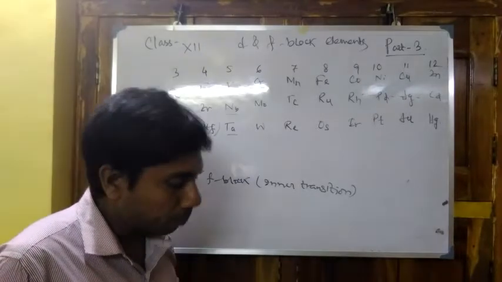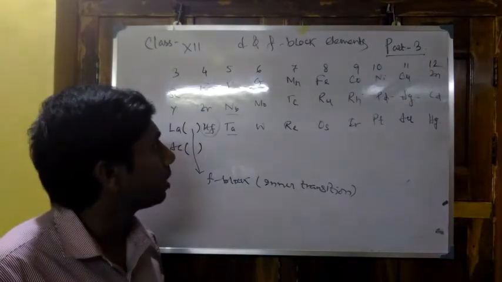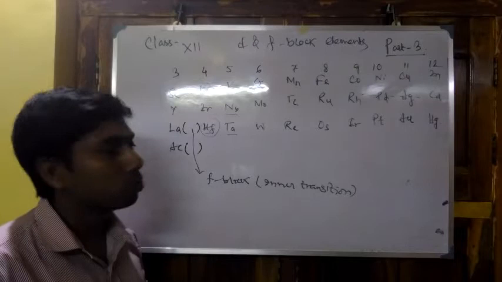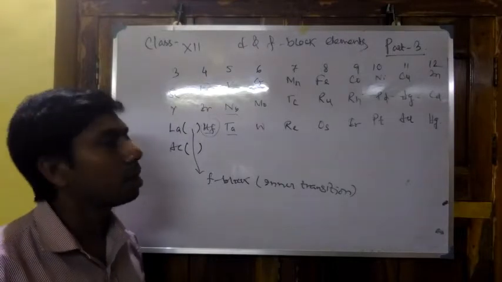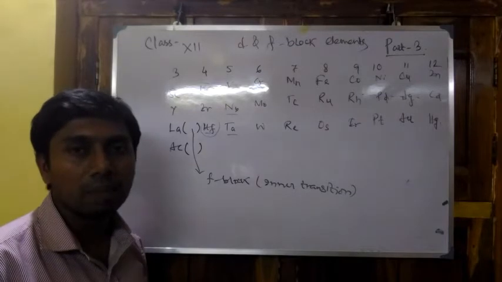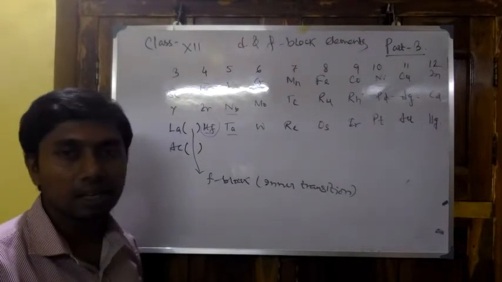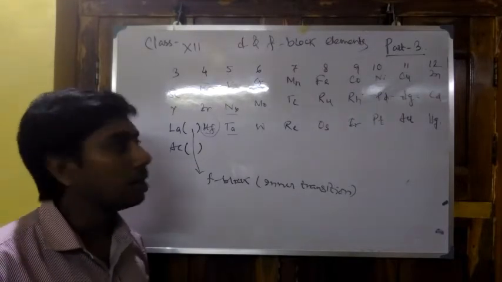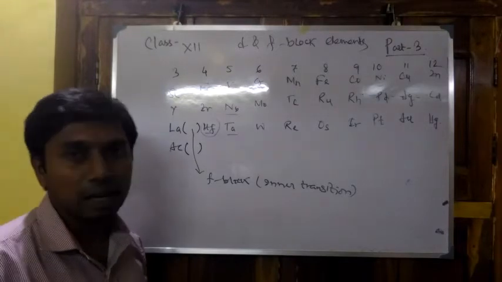Next one, group 5, that is vanadium, niobium and tantalum. Here also, due to the lanthanoid contraction, niobium and tantalum have nearly the same atomic size, and there is a property similarity between niobium and tantalum.